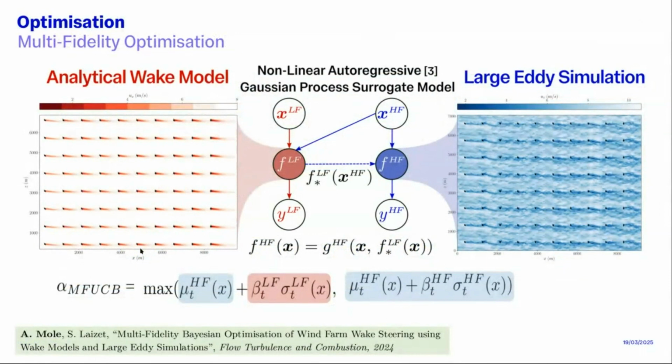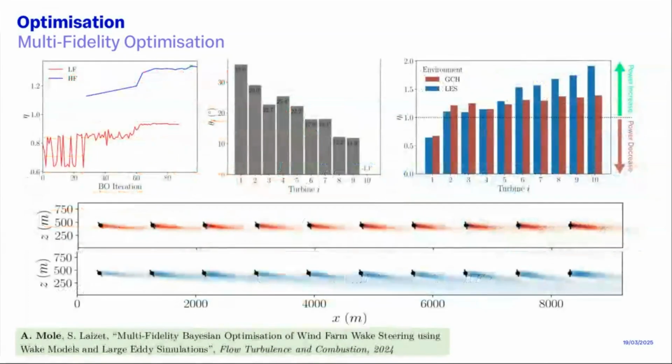And so when we take these different options, some of the work we've been doing has been looking at trying to optimize this yaw steering approach for wind farms. In this work, we've been combining the analytical wake models with large eddy simulations of the flow around a wind farm, and combining these into a multi-fidelity optimization process, which then allows us to find yaw configurations for the wind farm that give us an increased amount of power without having to add more turbines.